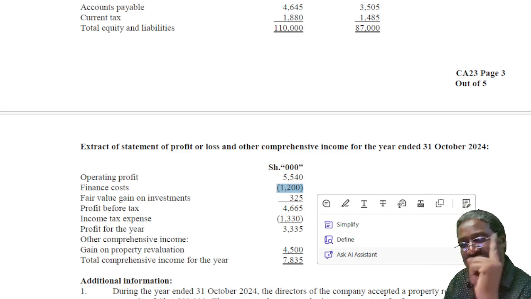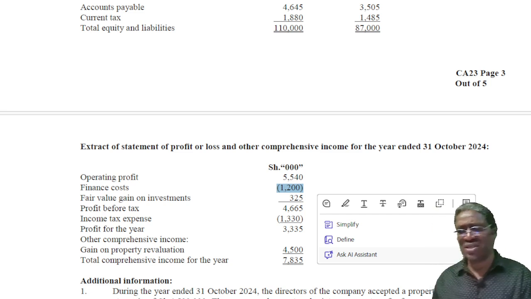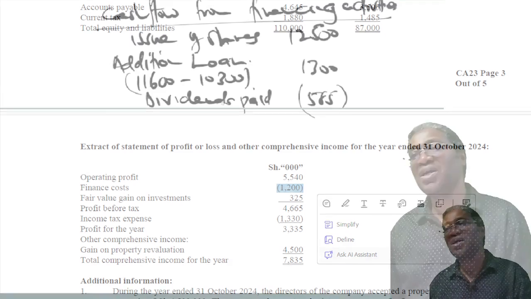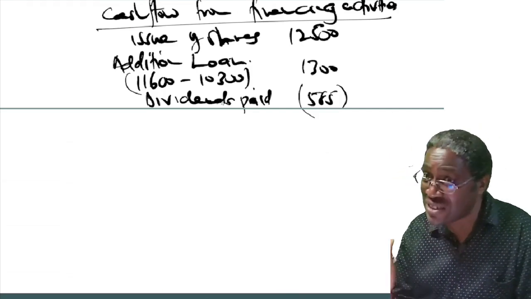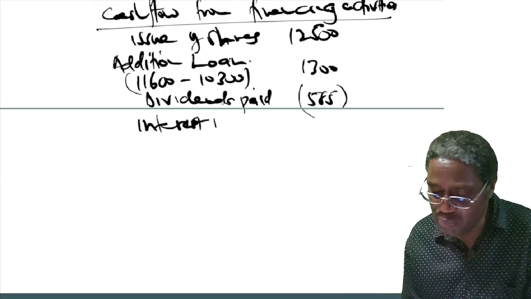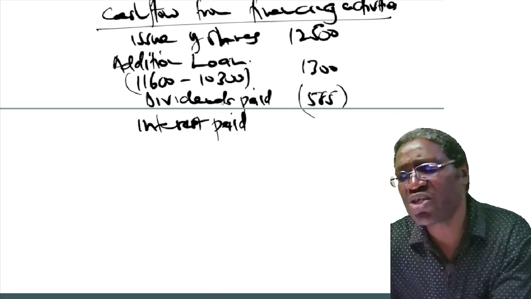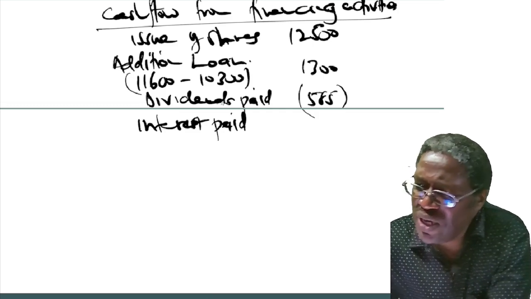But you charge the income statement with 1,200 as finance cost. But how much out of it could you have paid as a company? Whatever you paid during the year as interest, that's what you bring here as interest paid. So it's now your responsibility to ask yourself from the question, how much did we pay as interest?